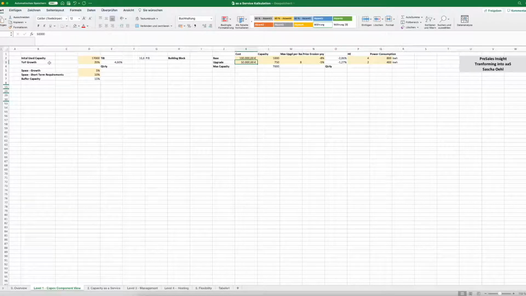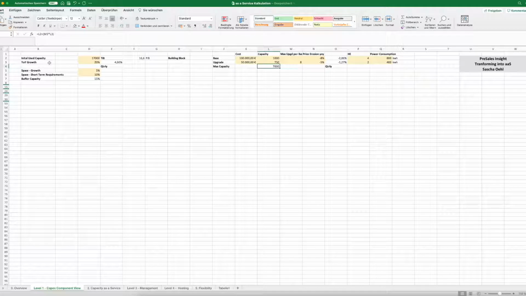Same thing for the upgrade. Cost is like 50,000, capacity 750, a maximum of 8 upgrade blocks per base, a price erosion of minus 5%, which turns out in minus 1.27, and it comes in 2 height units together with a power consumption of 400 kilowatts.